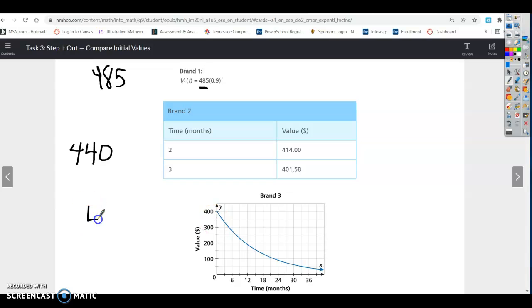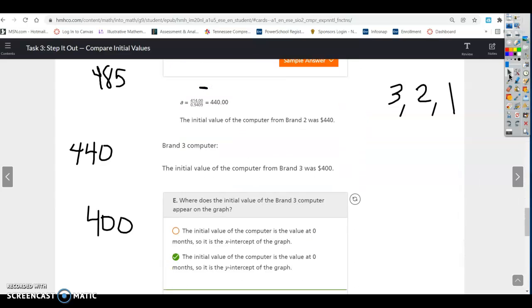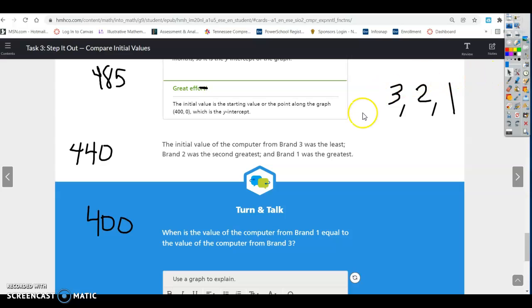And brand 3 is 400. It said order from least to greatest. So brand 3 would be the least, then brand 2, then brand 1. So it would be 3, then 2, then 1. The initial value of the computer from brand 3 is the least, brand 2 is second, and brand 1 is the greatest. So those are in order 3, 2, 1.